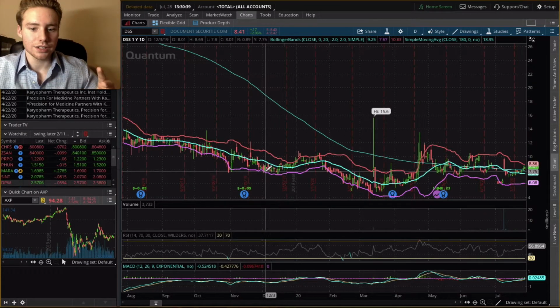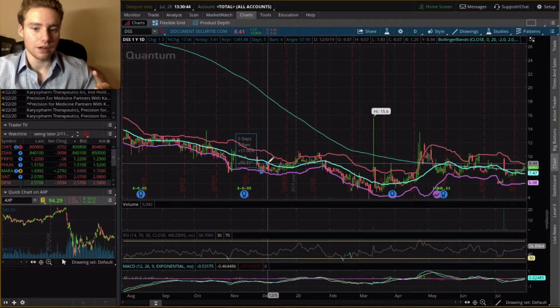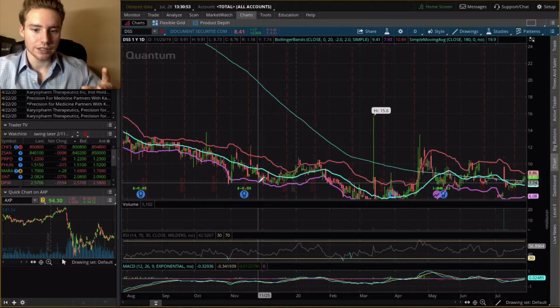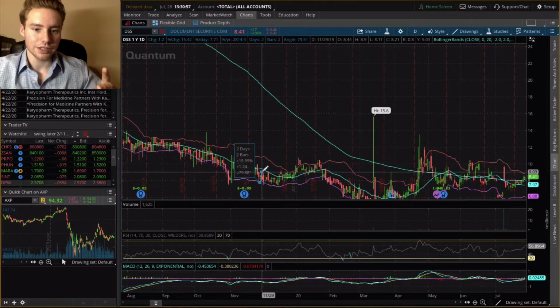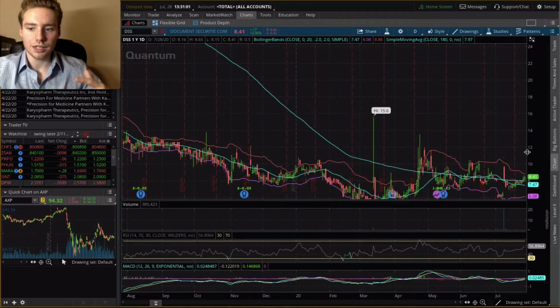So right here, you could have bought and then sold at this later date for 17% profit. So we can see it touched here and then touched it on the upside here at about 16% profit. So that's one way to utilize them.